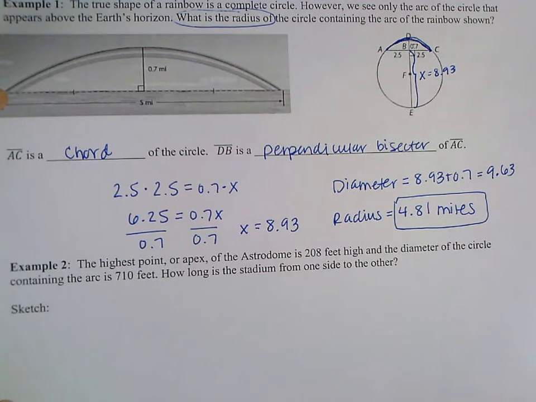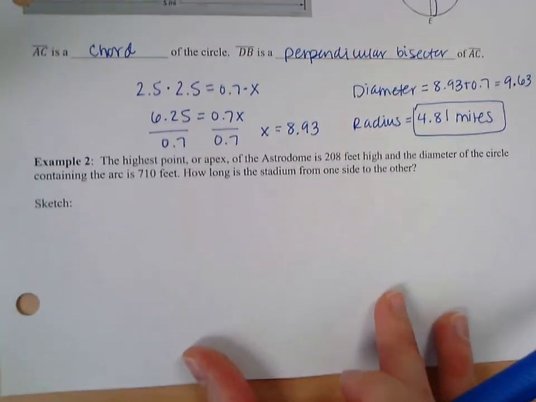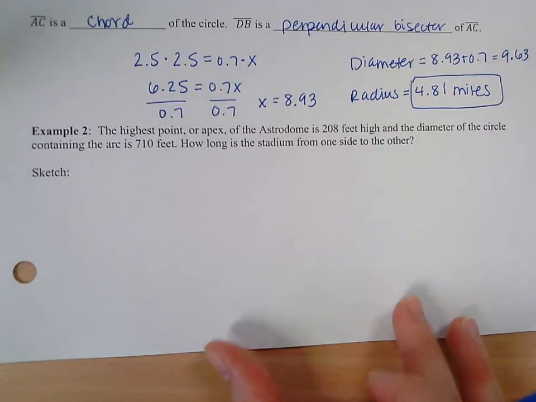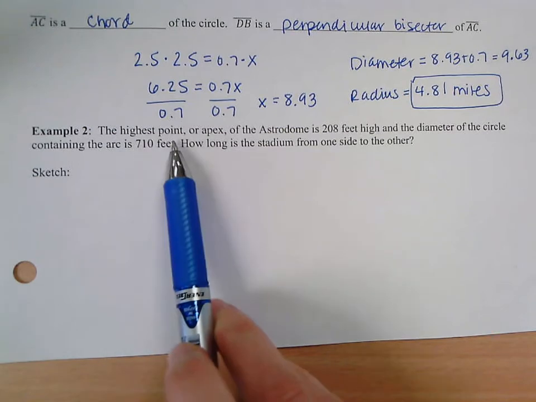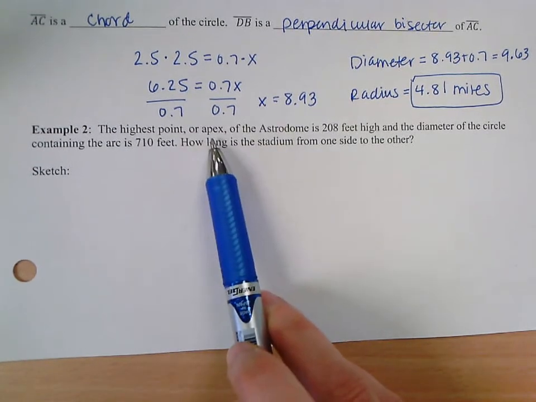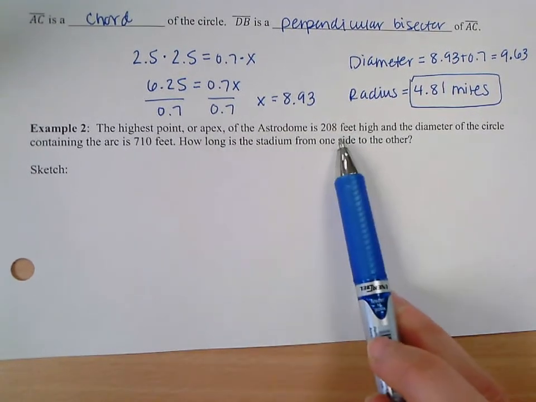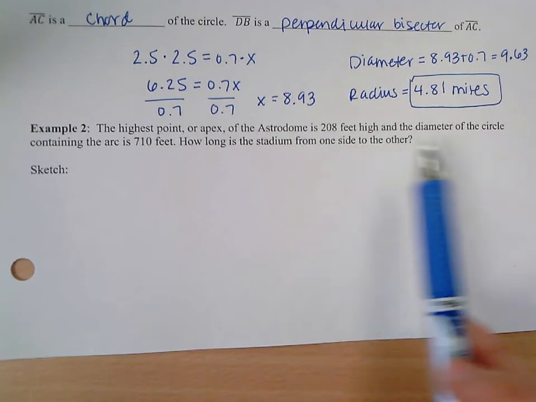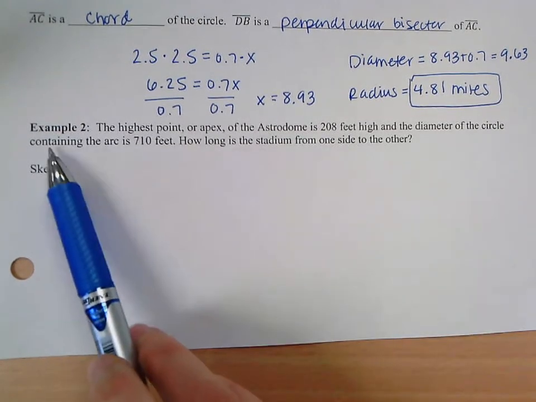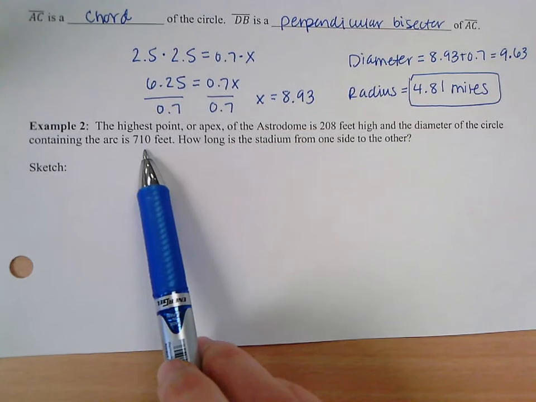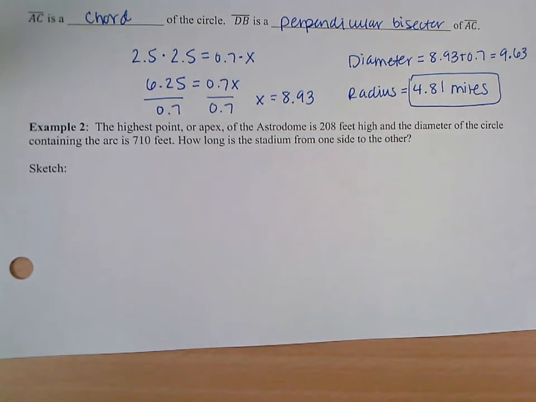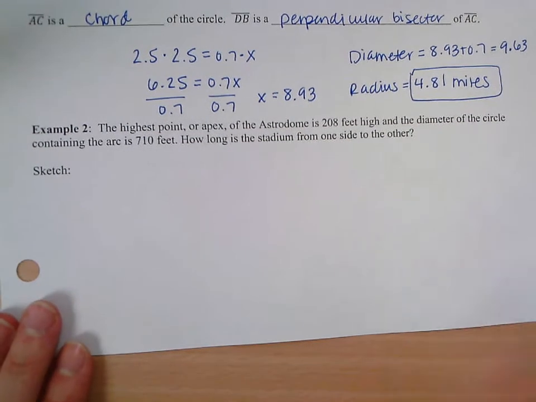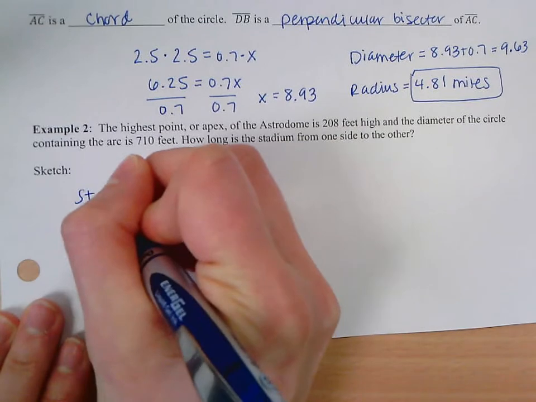Okay, so then let's just work through example 2 together also, because this one you have to sketch by yourself. So it says the highest point or apex of the Astrodome is 208 feet high, and the diameter of the circle containing the arc is 710 feet. How long is the stadium from one side to the other? So I'm going to first sketch the stadium.